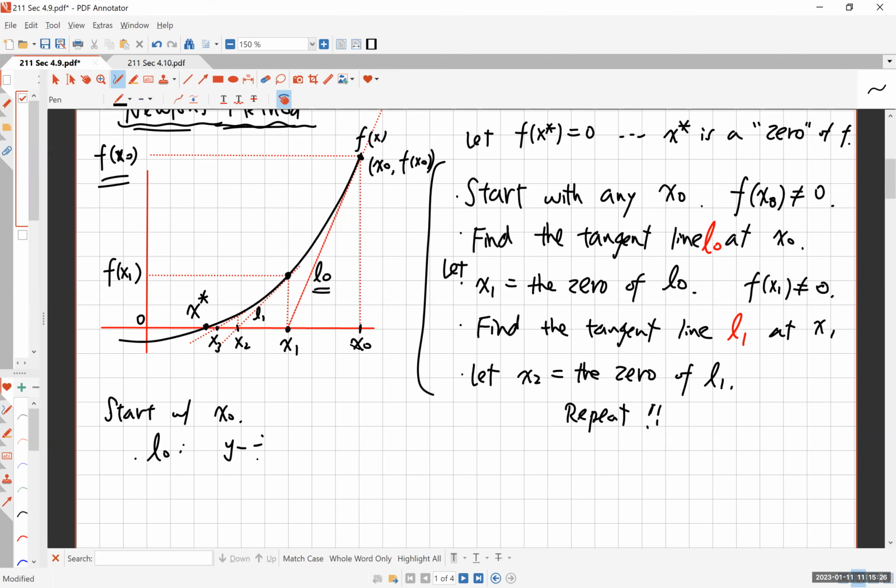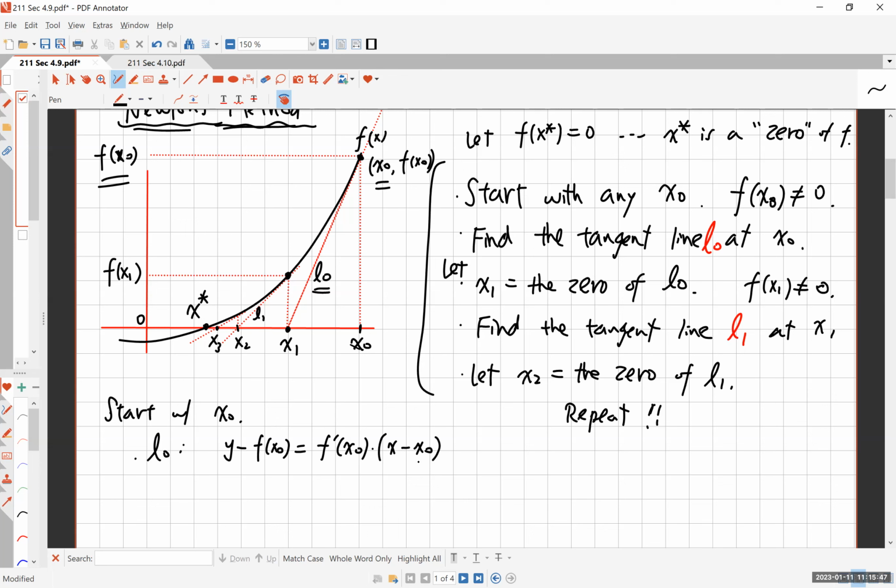So y minus the y value at that point, because this point is on the line, is equal to m, the slope. The slope is f prime of x0, times x minus the x coordinate of that point.